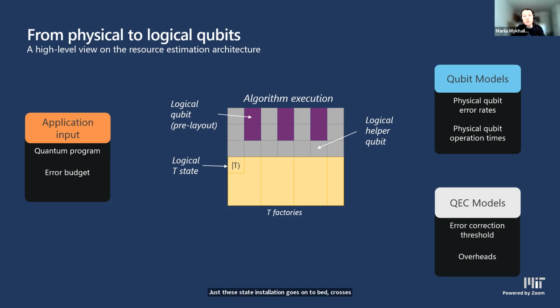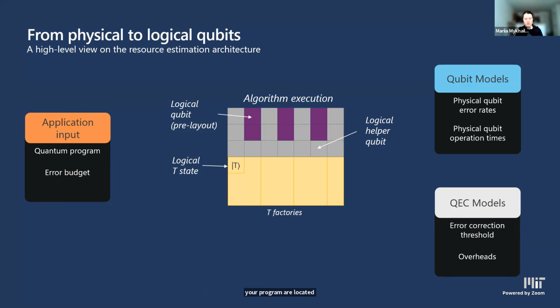So what the resource estimation does, it takes your program through several layers of estimating its resources in greater detail, getting closer and closer to the physical layer. So the topmost layer is, for example, how many qubits your program allocated explicitly.